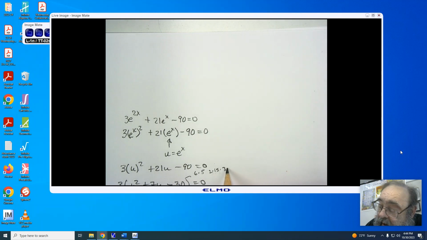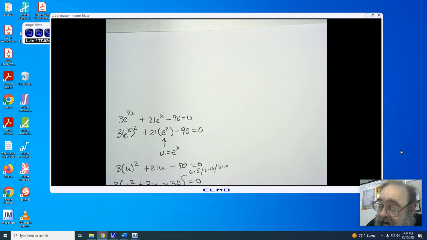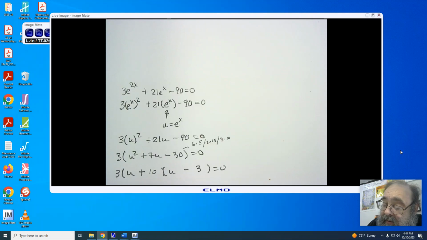And we have 3 times 10. So 3 times 10 is going to be my solution. So I have u plus 10, u minus 3 equals 0. This lets me have u equaling negative 10 and u equaling a positive 3.